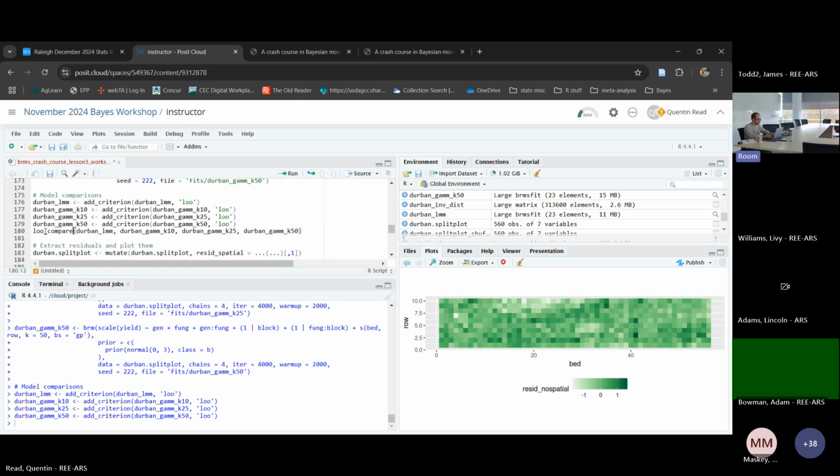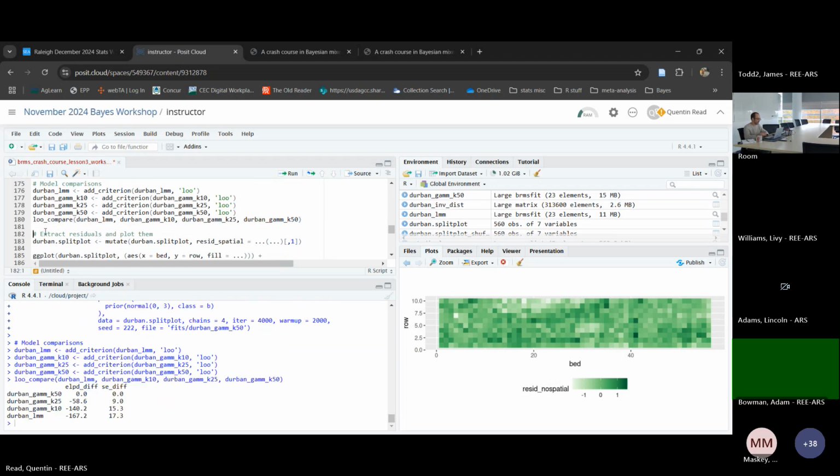What will we find? Okay, you can see that the most complex spatial additive model is the best one by far, and basically as the models become less complex spatially, they become a worse fit to the data.